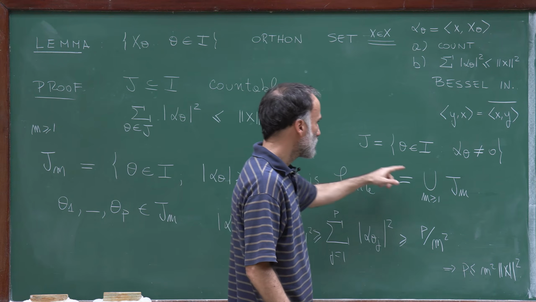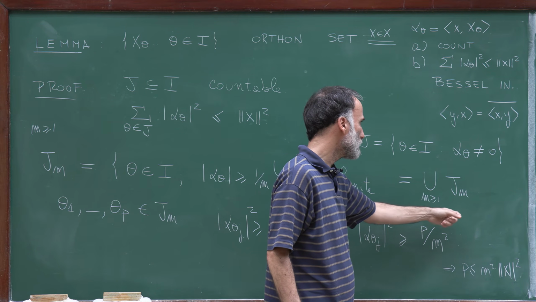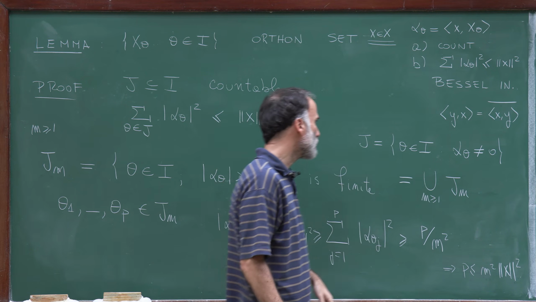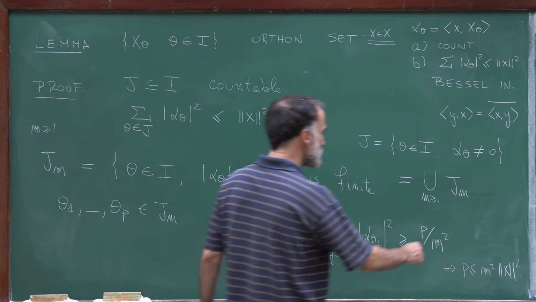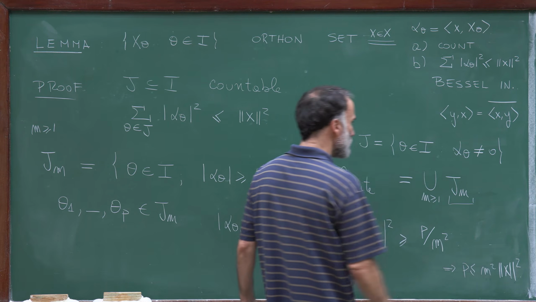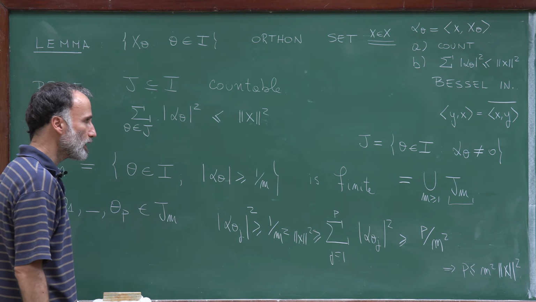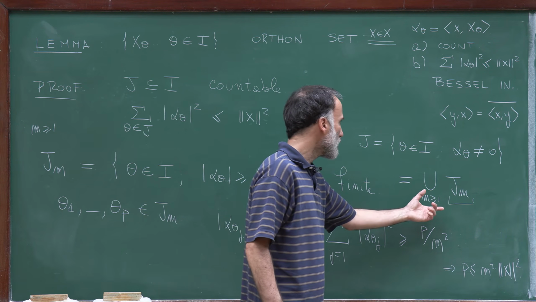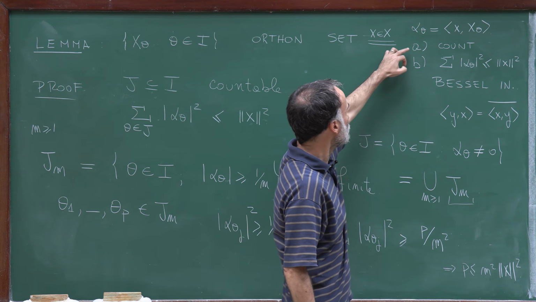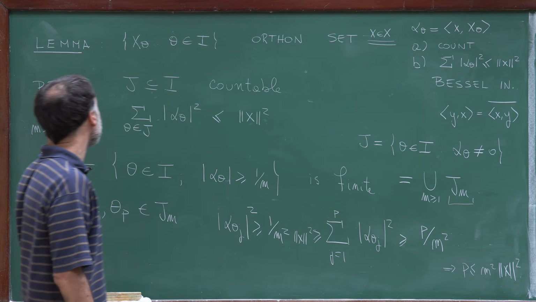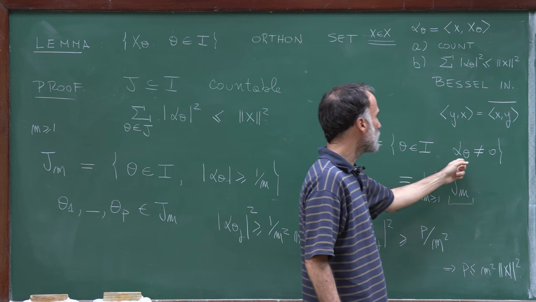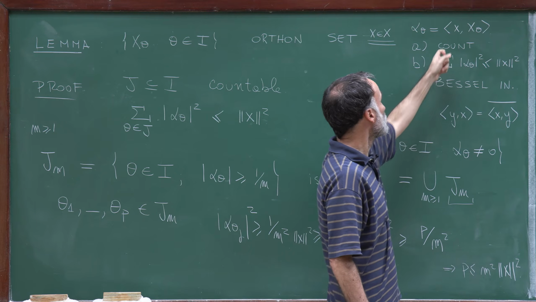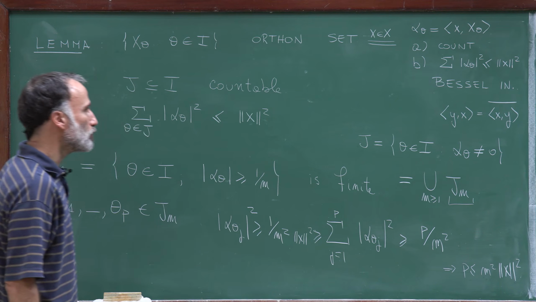So this set is obviously included in that union, and that union is included in this set. So we have an identity. Since each set Jm is finite, its union is countable, and that proves the first assertion of the lemma, that the set of thetas for which alpha theta is different from 0 is at most countable.